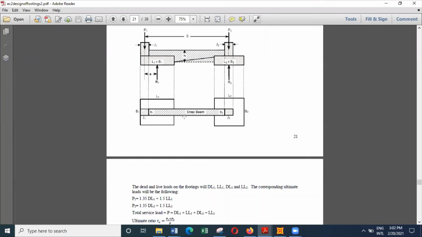So the transverse reinforcement on both footings has to be considered by considering a critical section here. That way, you can decide on the bottom reinforcement of this footing.